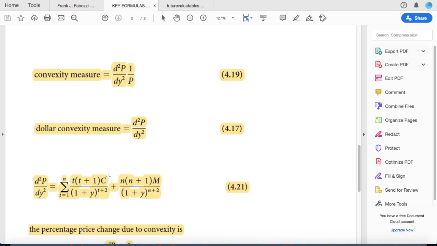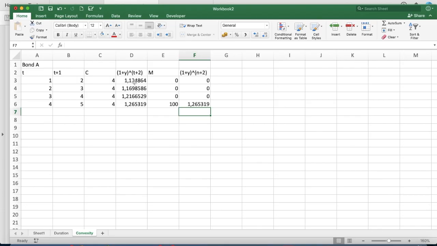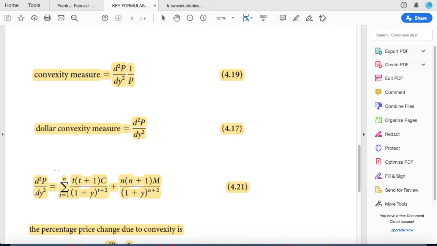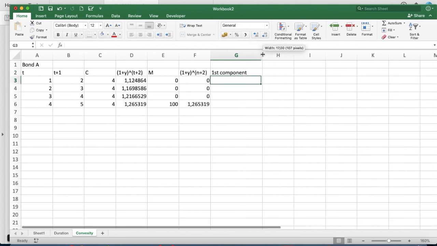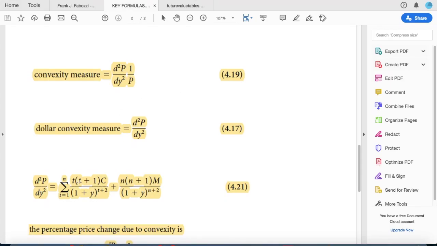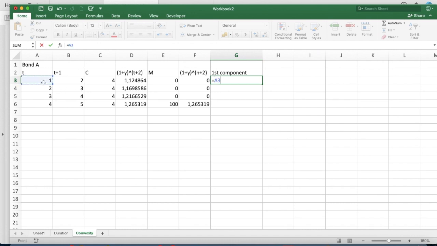Now see, I have to compute the first component. I will call it the first component. So it is equal to T times T plus 1 times the coupon payment divided by 1 plus y power T plus 2.